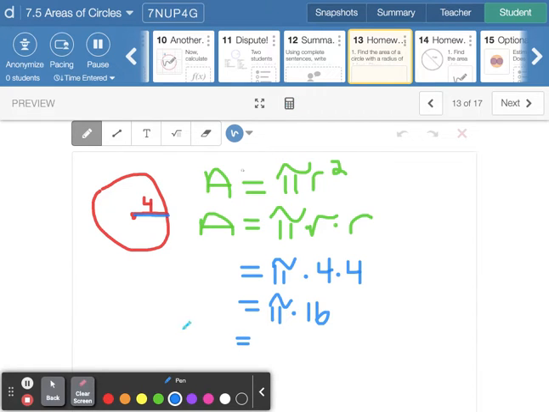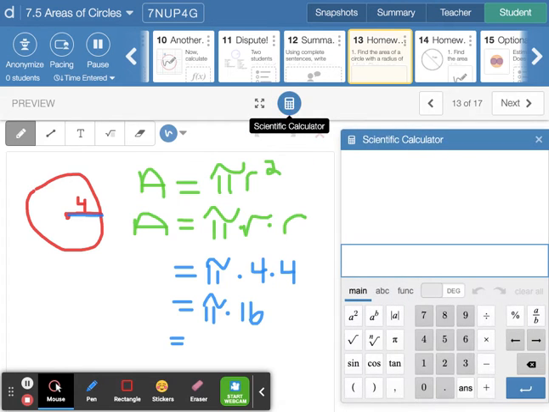And I am going to use my calculator. If you click this little button right here, there's a calculator right on here. I can use my pi function, or I can use 3.14, either way. I'm just going to use my pi function. Pi times 16.